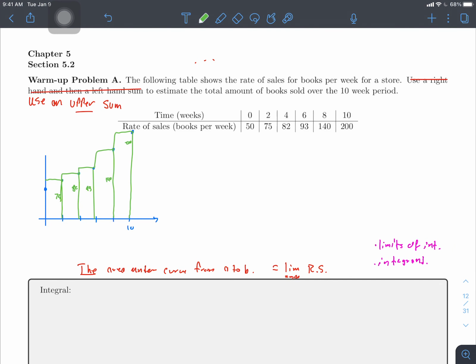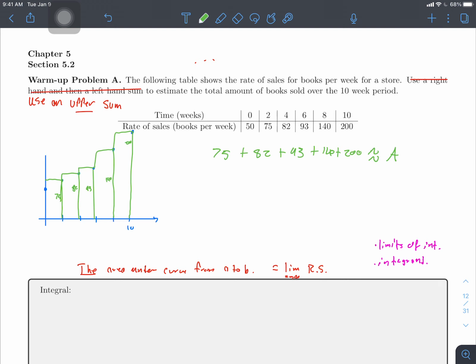So the first rectangle has area 75, the second one has area 82, the third one has area 93, then 140, and then 200. So if I just add all these up, I'm going to get an approximation of the area under that curve. Do we all agree with this way of computing the area under this curve?